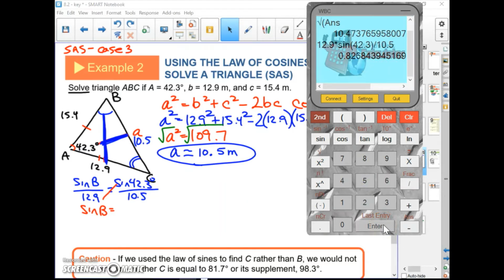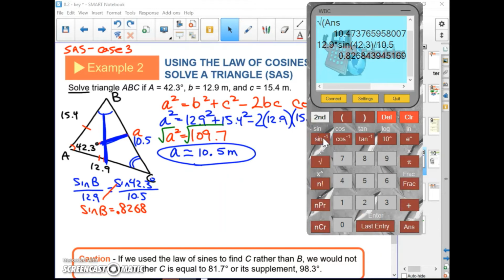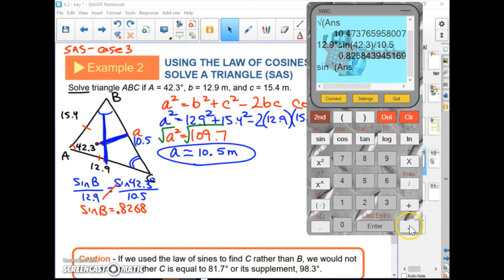Sine B is equal to 0.8268. And so we're going to do an inverse sine to isolate B. Inverse sine of that number on my calculator is about 55.8.